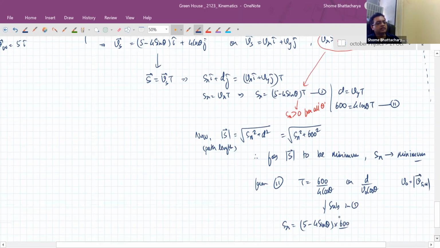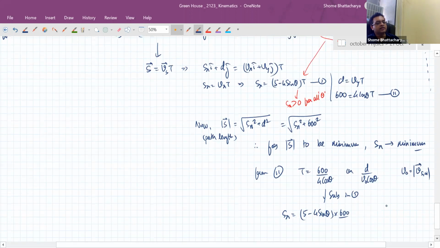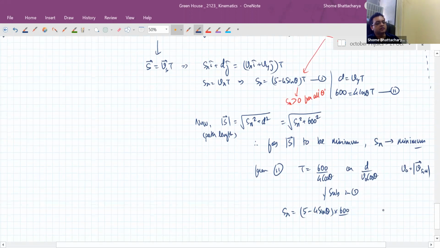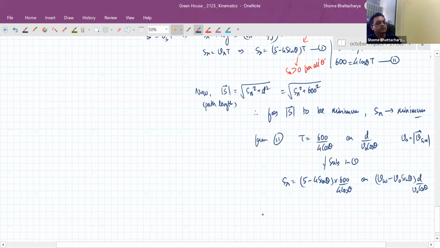So as you can see, we are getting it as a function of theta, or we can write it parametrically as Vw minus Vo sine theta multiplied with d divided by Vo cos theta. So further we can write the x component of displacement as, in this case, 5 by 4 sec theta minus tan theta, the whole thing multiplied by 600.